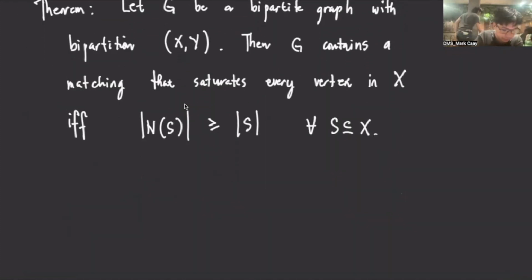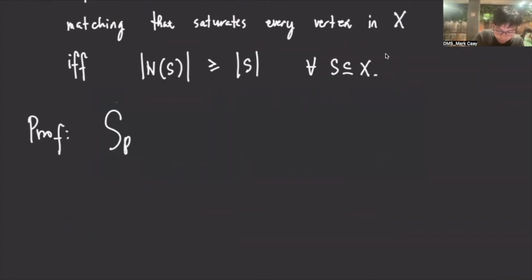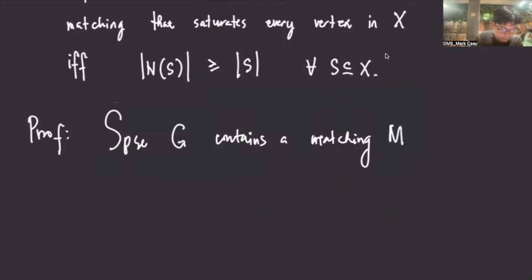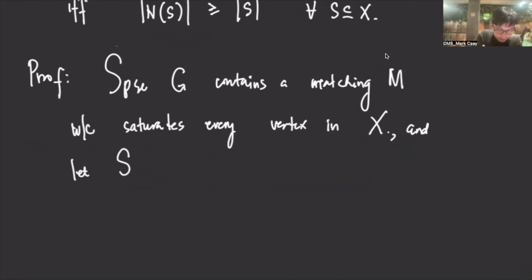So, how do we prove this? Suppose G contains a matching M which saturates every vertex in X, and let S be a subset of X. Okay.